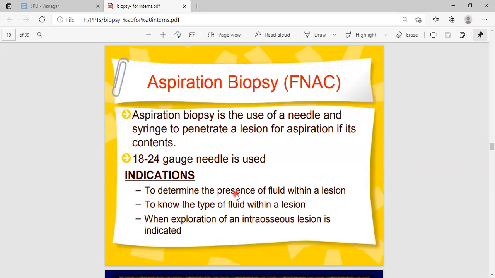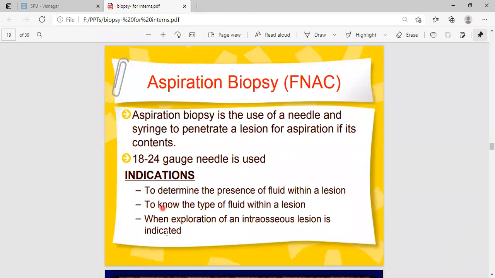The clear straw colored fluid is seen in dentigerous cyst. Okay, and the thick fluid or pus-like fluid is seen in OKC. So indication: to determine the presence of fluid within the lesion, then to know the type of fluid within the lesion, when exploration of an intraosseous lesion is indicated. That's what I was saying.